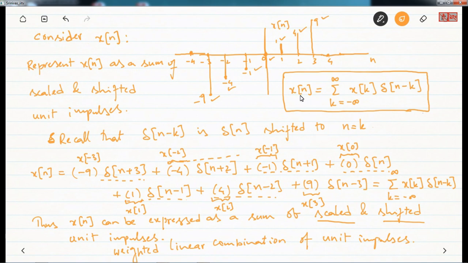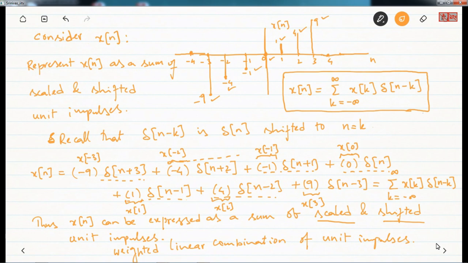Now x of n we are representing as a sum of shifted impulses. Each shifted impulse is being scaled with x of k. What I did was simply write this long equation in a short, compact notation.